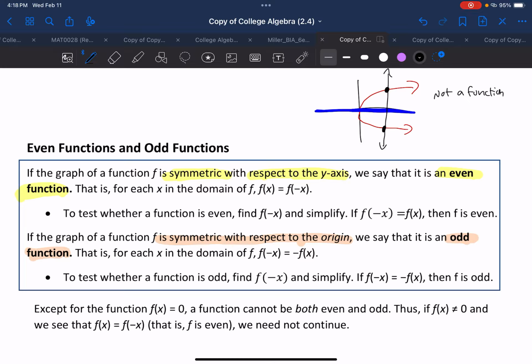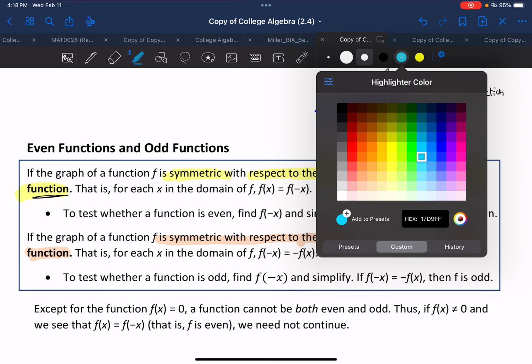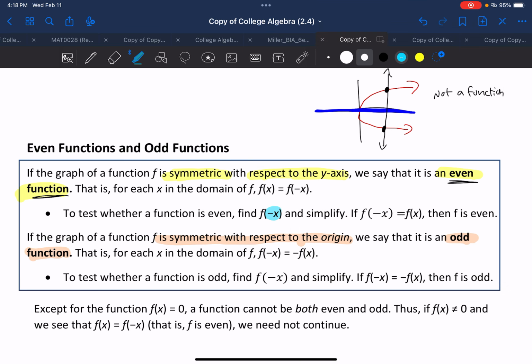Okay, so the first test to test whether a function is even is actually exactly the same as what we did for the previous test to determine whether a graph was symmetric about the y-axis. And that is, we are going to plug in negative x for x.